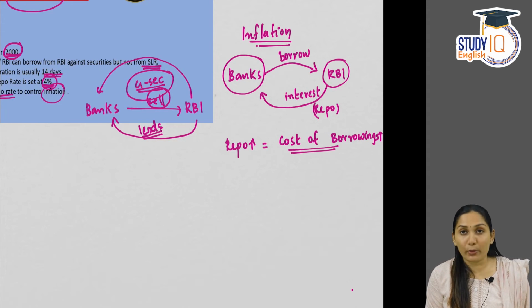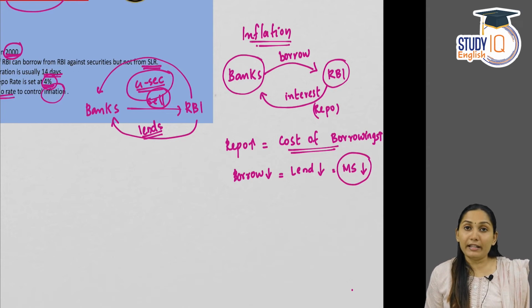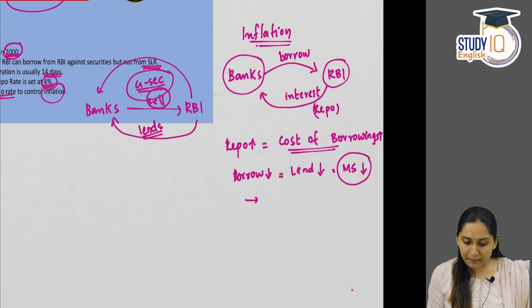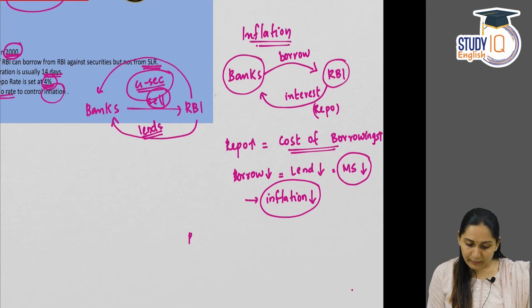When the cost of borrowings are high, the commercial banks will borrow less. When commercial banks borrow less, they have less lending capacity. This means money supply will decrease, and a decrease in money supply will help in containing inflation. Inflation reduces.